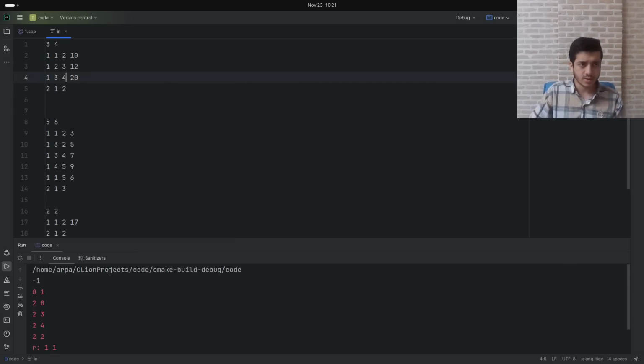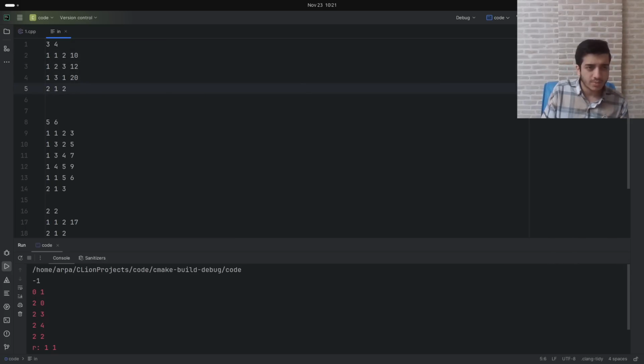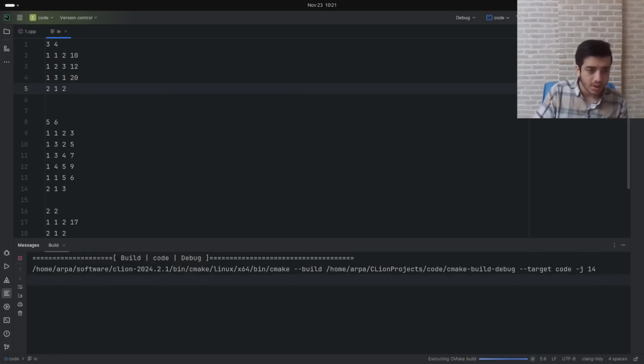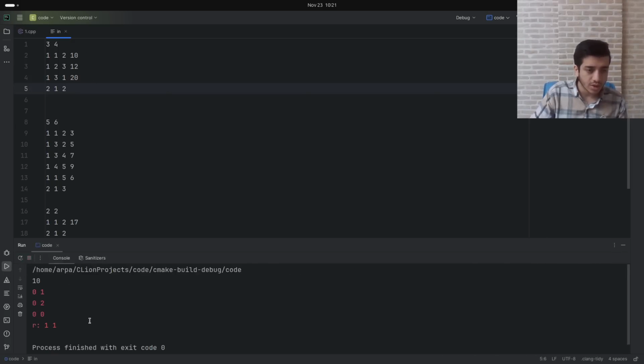Not this. 2, 1, 2. It's not delicious because it's also the answer. But no problem. Let's see if it's going to do that or not. So no, it's not doing its job.